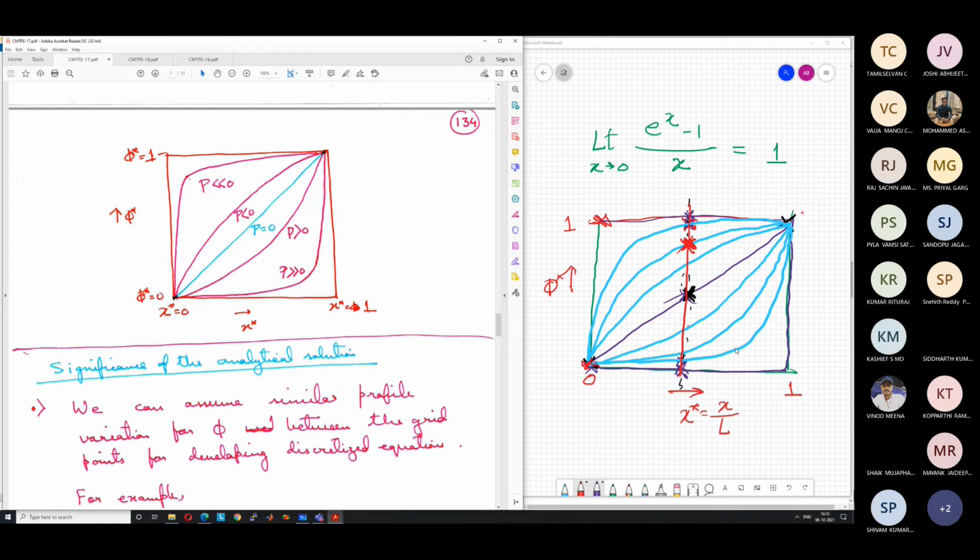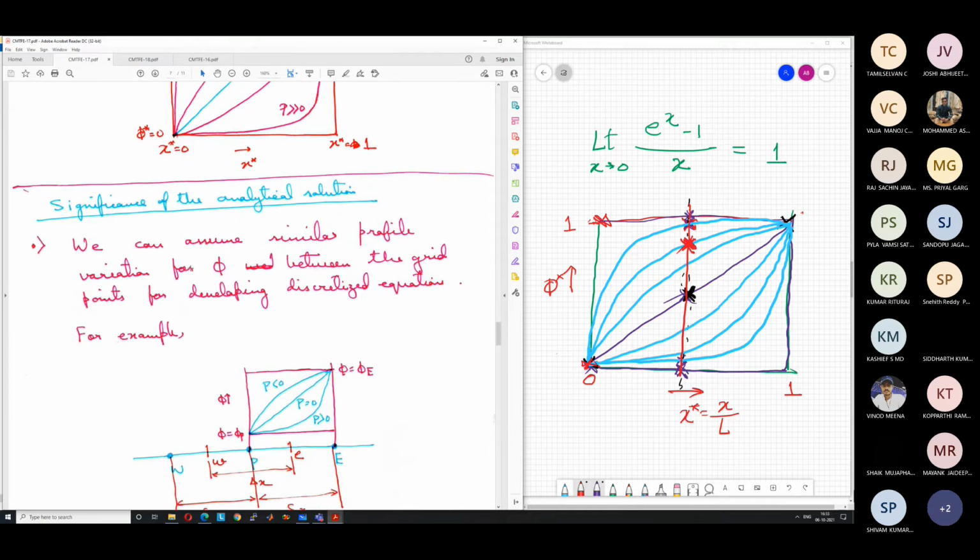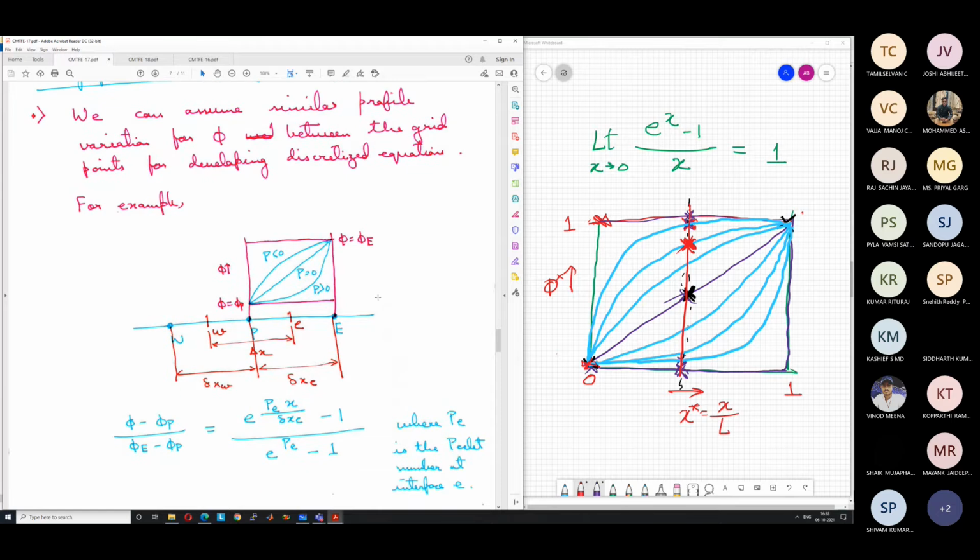With these variations in mind, we can now derive discretization schemes which better approximate the actual profile, so that we get better approximations at the interface. Let us try to do that. The significance of the analytical solution is that we can assume a similar profile for the variation of phi between the grid points for developing discretized equations.